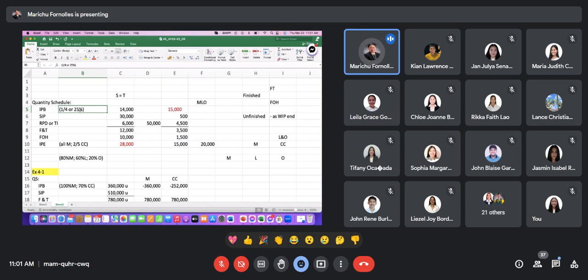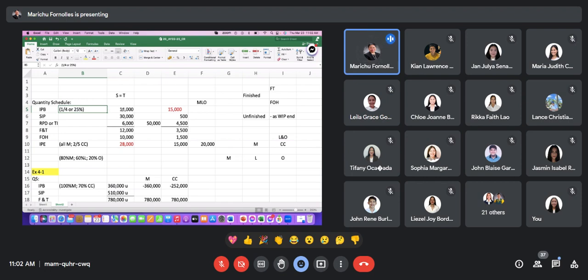Does it apply only to materials? Does it apply only to labor? Or does it apply only to overhead? So if it is not stated to which cost element the fraction or the percentage applies, the assumption is that it is applied uniformly or evenly.